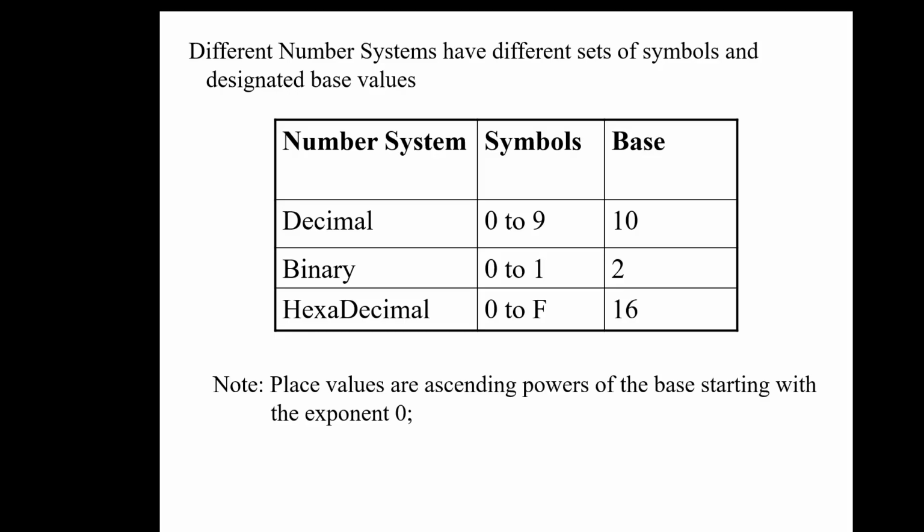In the binary system, for example, the values are 0 and 1, and the base used for computing the place value is 2. The hexadecimal system has values 0 to F, with A being 10, B being 11, and C being 12, and 15 correspondingly represented by F. So the base used for computing the place value is 16.